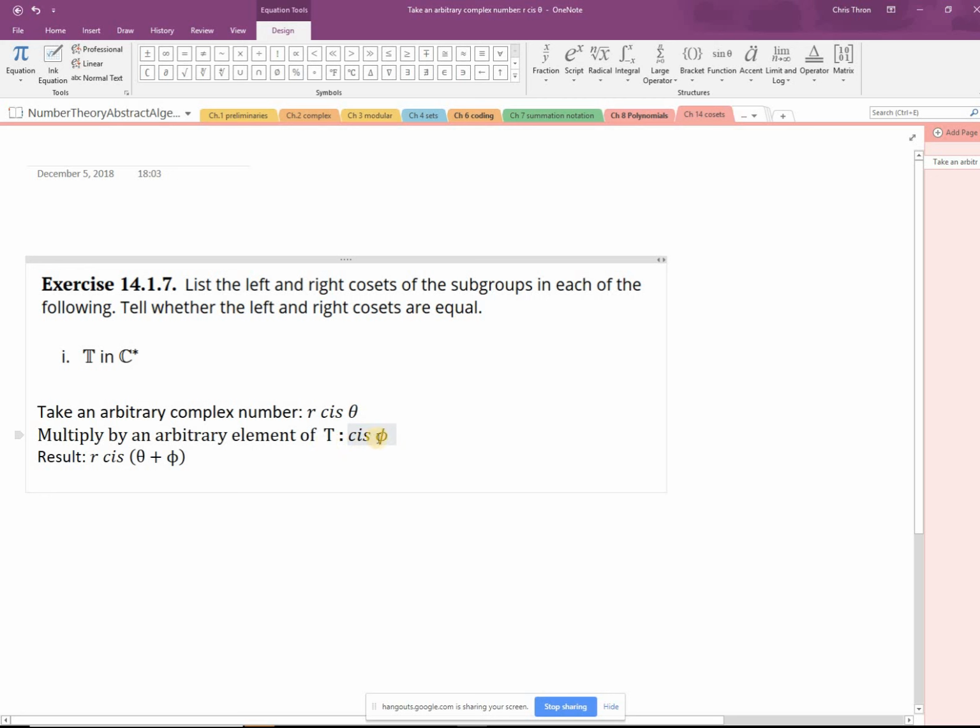Okay. All right, now, remember that an arbitrary element of T is, what do we know about phi? It is a real number, that's true. But you don't really have to choose anything, do you?